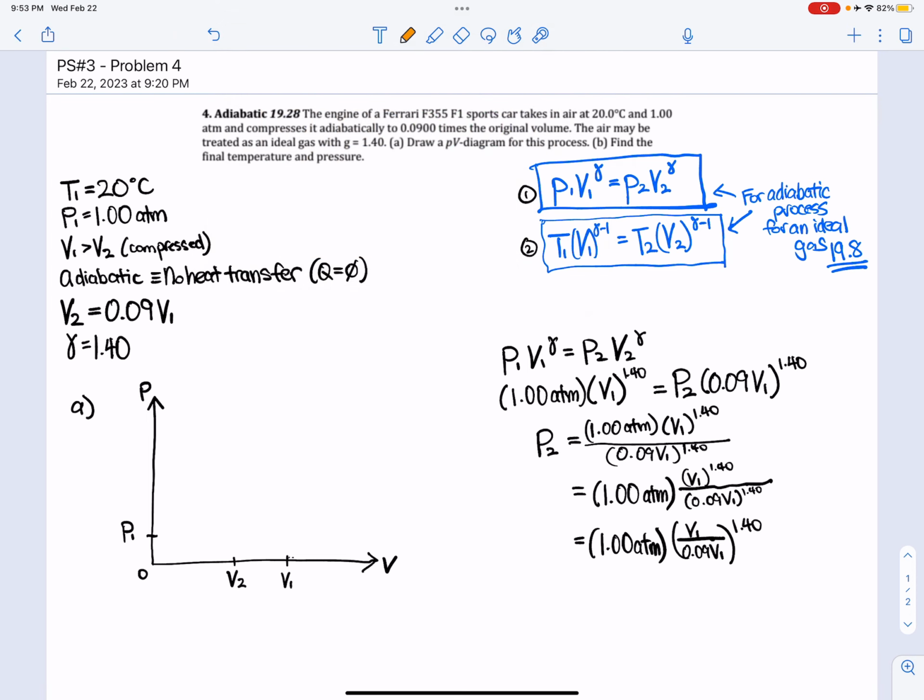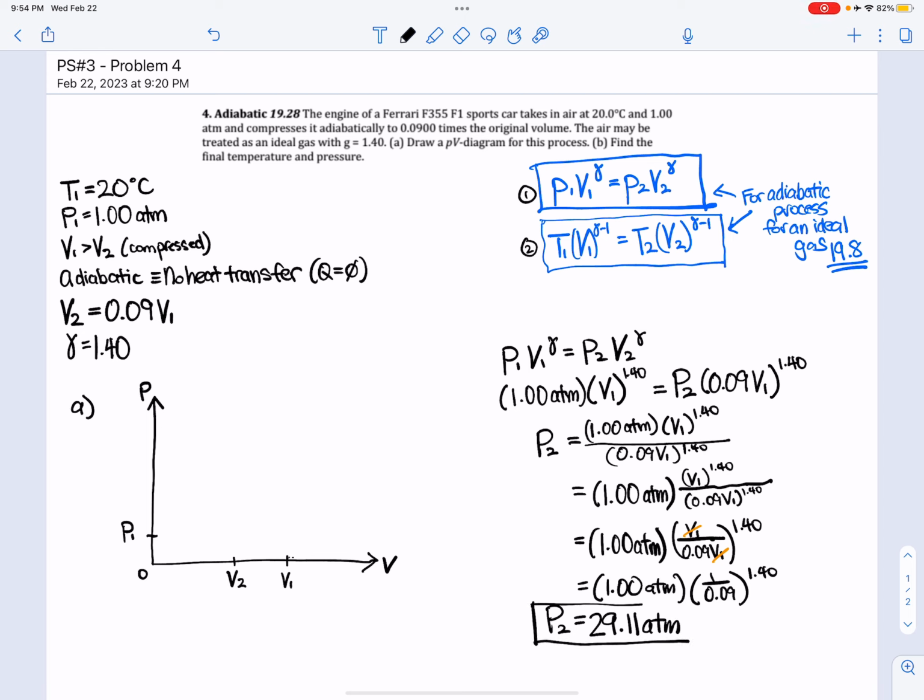And we'll see that our V1 can cancel out from the numerator and denominator. And I'm left with 1.00 ATM times 1 over 0.09 to the power of 1.40. Okay, so plug that in my calculator. I'll find that my P2 is equal to 29.11 ATM.